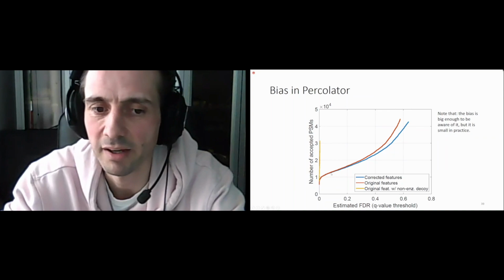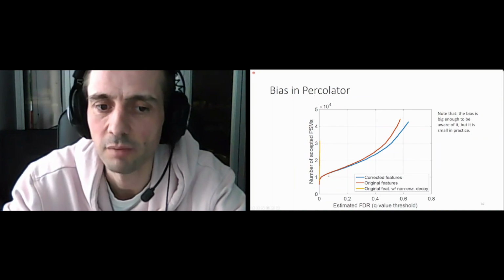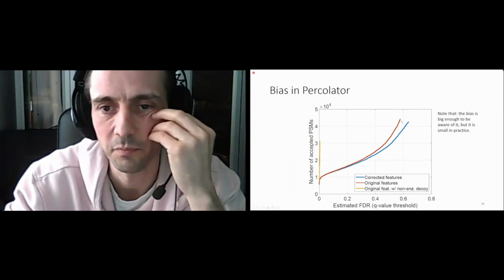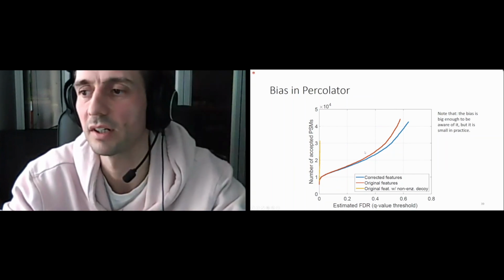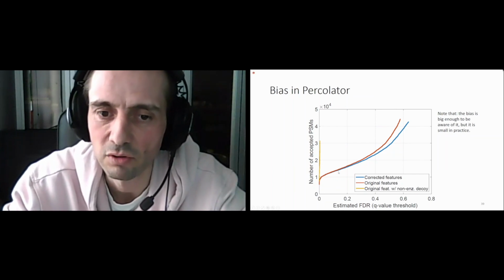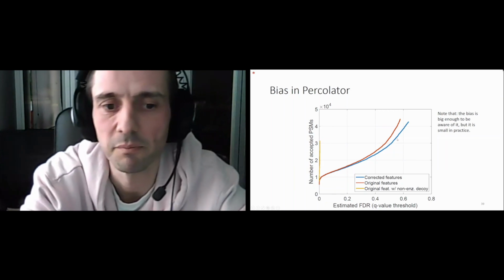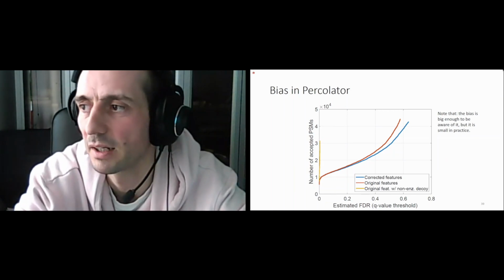The original Percolator gives this orange performance, and if you correct these leaky features, then you get a slightly lower number of accepted peptide spectrum matches.